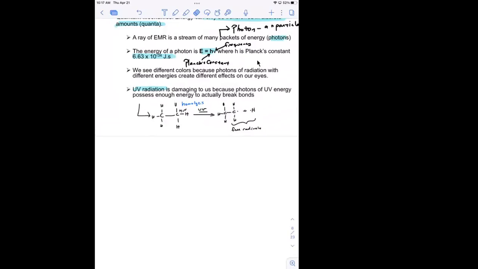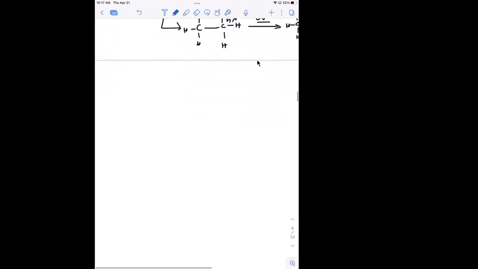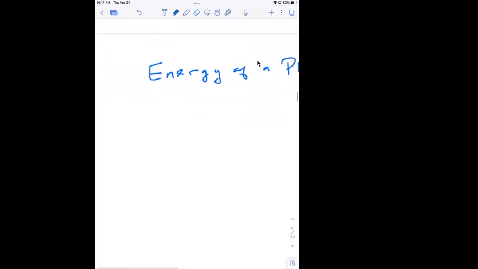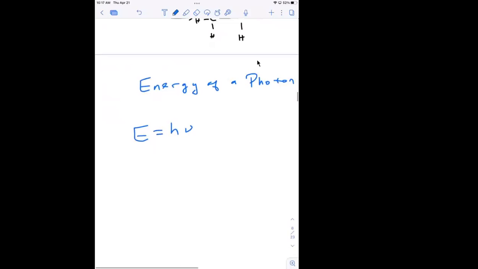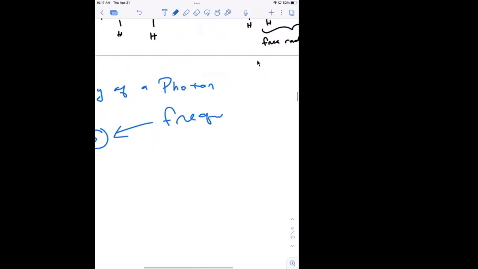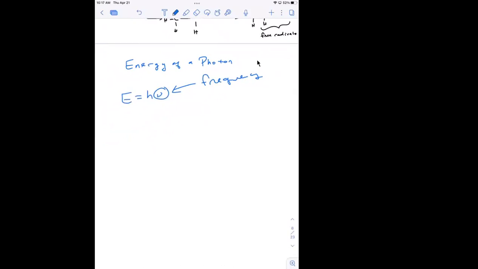All right, so we talked about the energy of a photon. Let me put that down here because I want to show you something else with this equation. We said E is equal to h nu, where nu is the frequency. But let's say we don't have a frequency. Let's say we only have a wavelength.